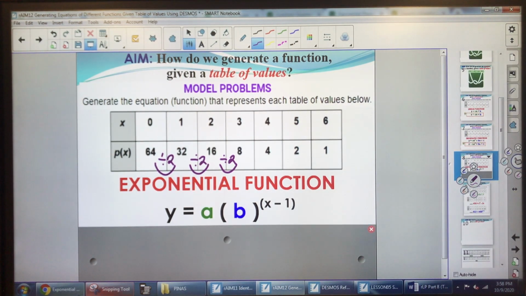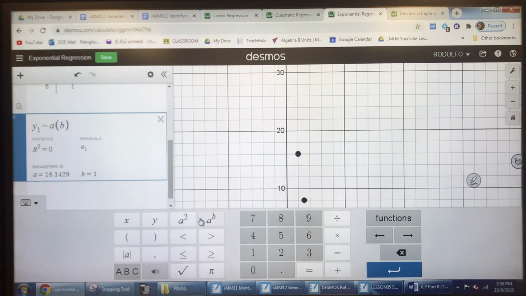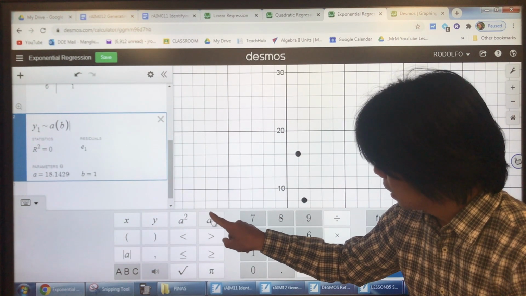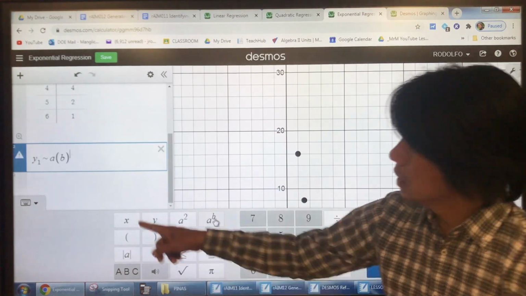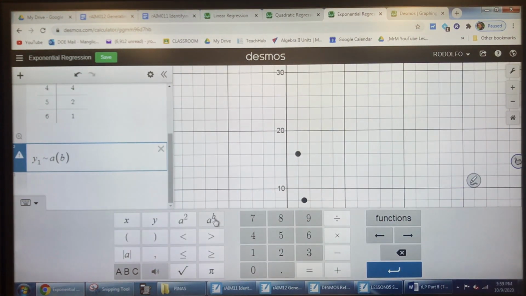Going back to Desmos, okay, I'm going to click this just to show you that take a look here. This is your exponent. I'm going to click that. You see the cursor went up there on the exponent, and then put parentheses x minus 1 inside the parentheses.